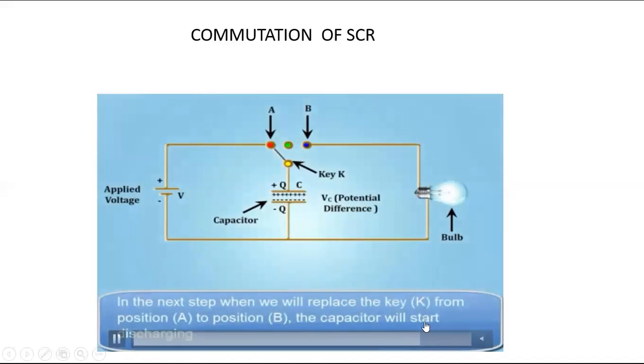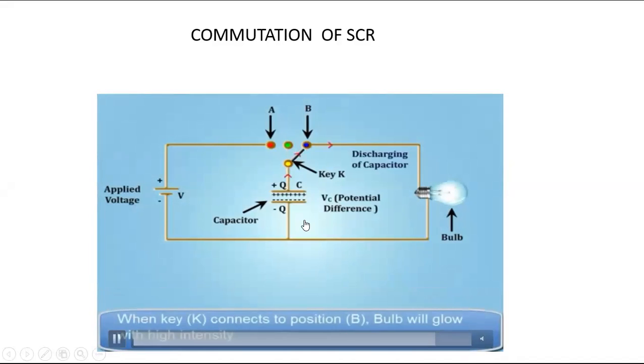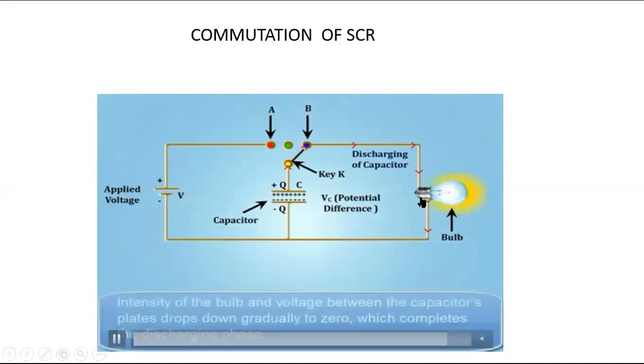When the capacitor is discharging, you can see the direction of current flow starts from the positive terminal through the load, and that energy has to come back to the negative terminal of the capacitor. In this way, we have to design the circuits.